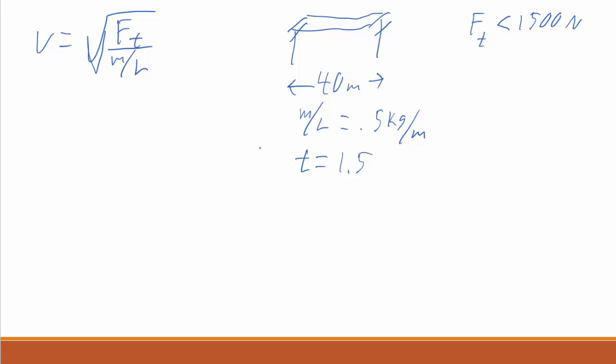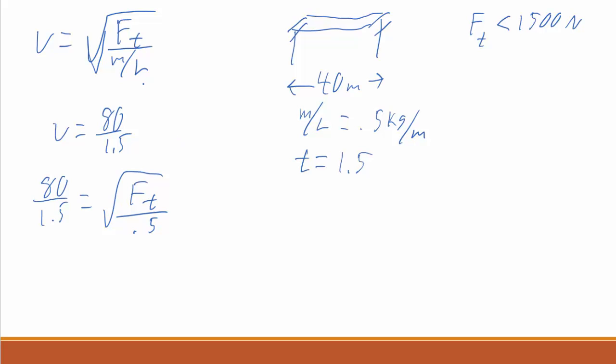So to find the velocity, we know the distance this traveled. It went there and back, so my velocity was distance over time, so 80 over 1.5 is my velocity. And then I can plug that into this equation here. So I can say 80 over 1.5 equals square root of tension over my linear density here, my mass per unit length, which was 0.5.